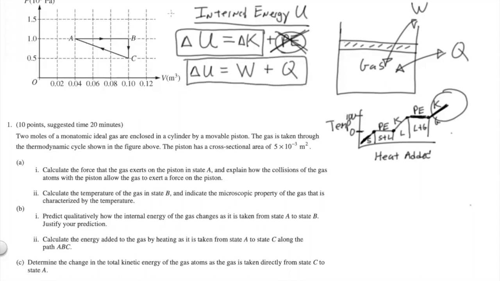And let me back up to this first equation. One thing I want to say about kinetic energy: temperature is a measure of the average kinetic energy of the molecules in a substance.